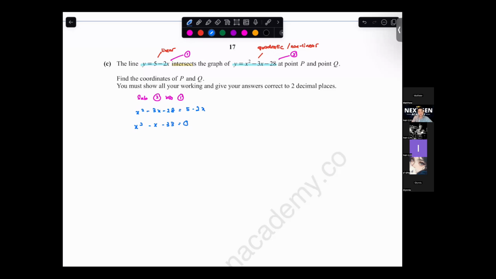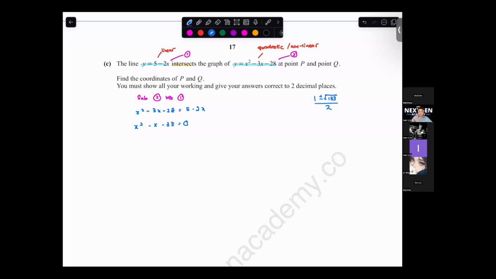Use your calculator, take out a calculator, find the answer first. 1, minus 3, minus 28. Hey, sorry, 1, minus 1, minus 33. I was looking at the above one. So you see the answer in your calculator. It gives you 1 plus square root 133 over 2 and 1 minus square root 133 over 2.